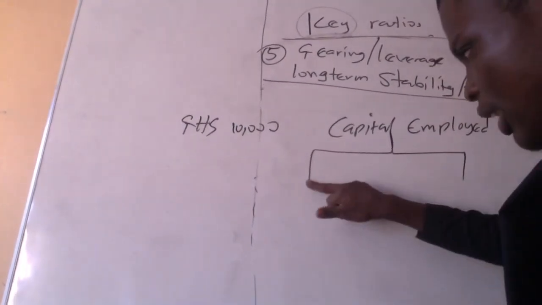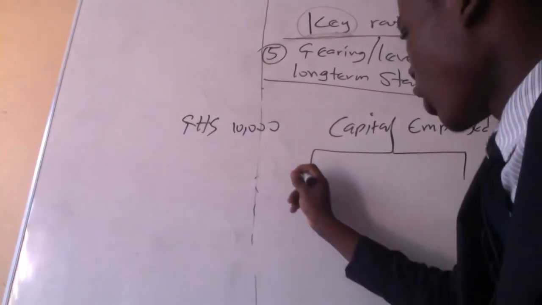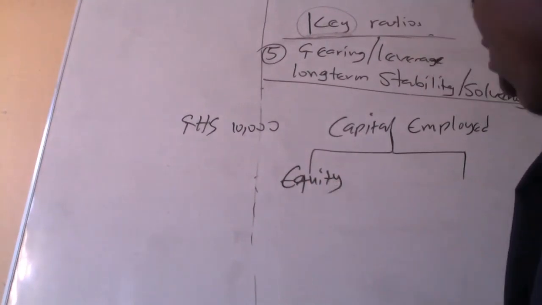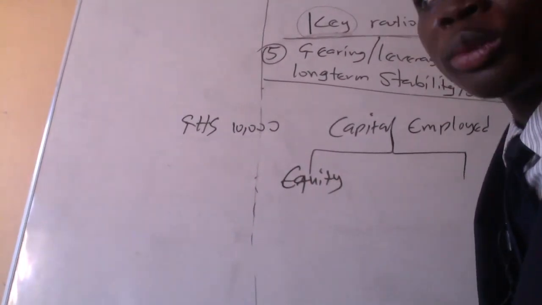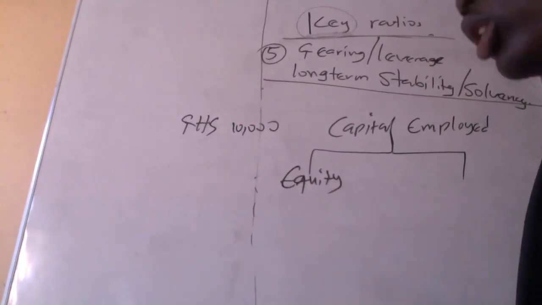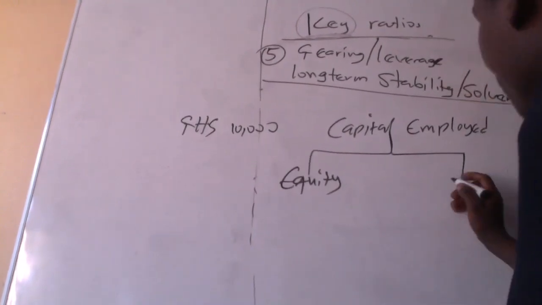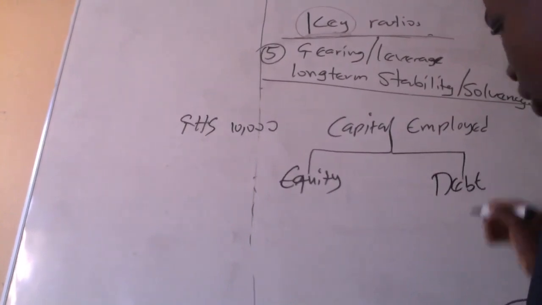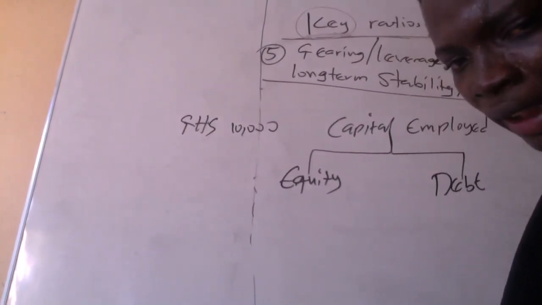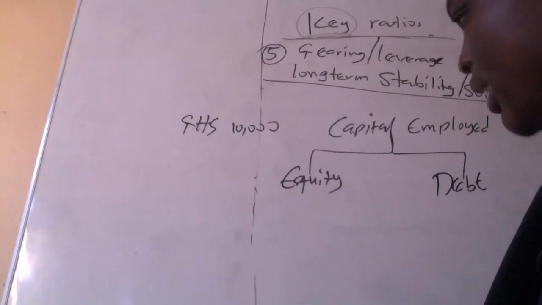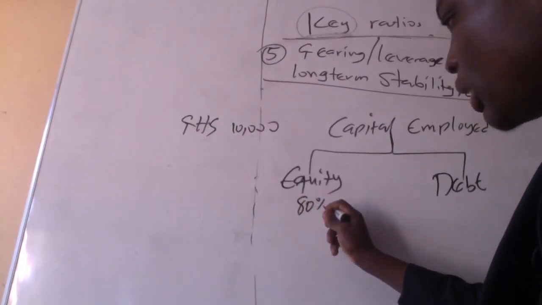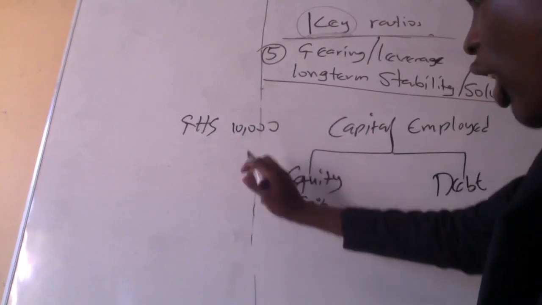Some organizations will employ it by equity, by raising shares or taking money from the owners, the ordinary owners. Or I can also use debts. So now be with me. Some organizations say, okay, I want 80% equity. So 80% of the 10,000 would be 8,000.